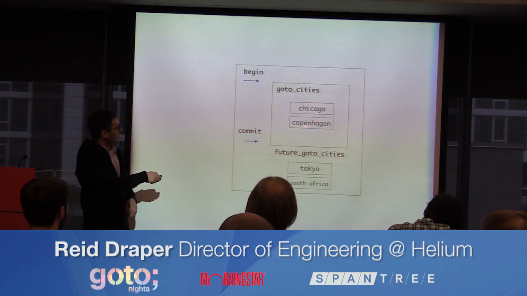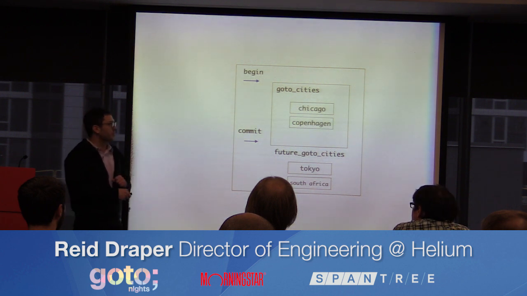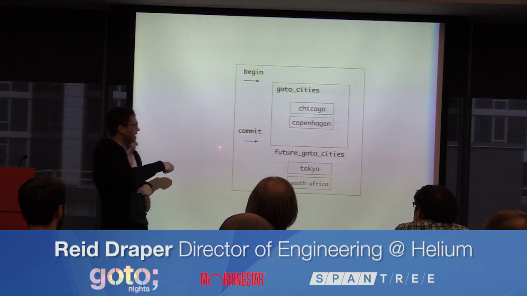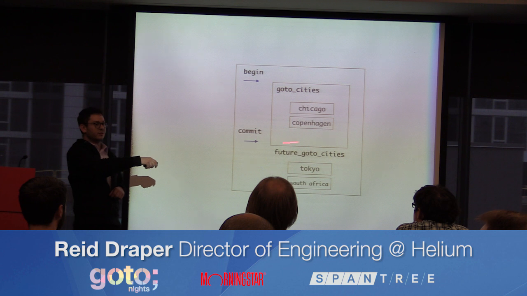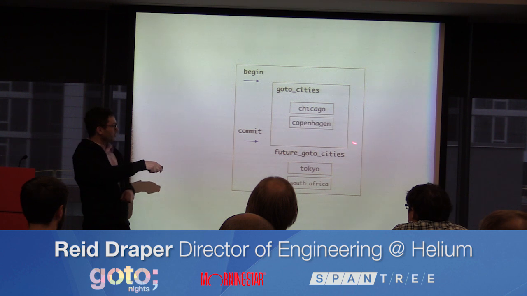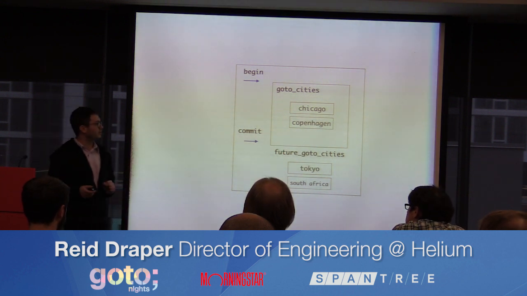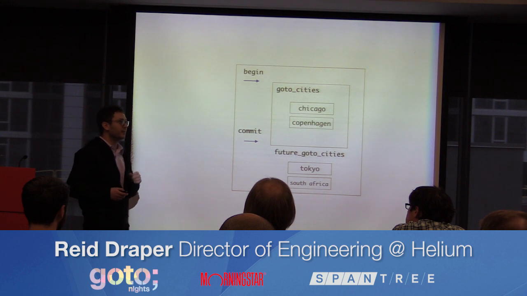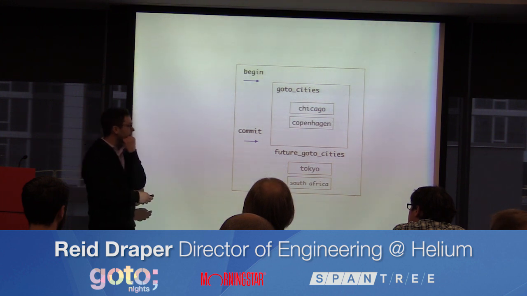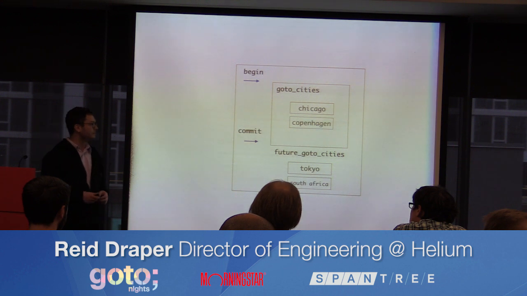We're going to write Chicago, Copenhagen, but then because we called with transaction on GOTO cities, it's going to commit. Now the transaction is over. This is not indivisible. This is a divisible unit. Then we call future GOTO cities, and probably 99.9 whatever percent of the time, this works fine. And then we have that one situation where we're like, how the hell did the database get in this state? I use transactions everywhere.